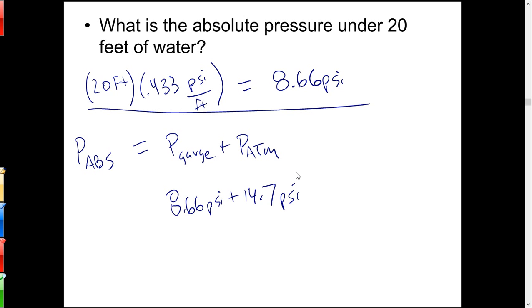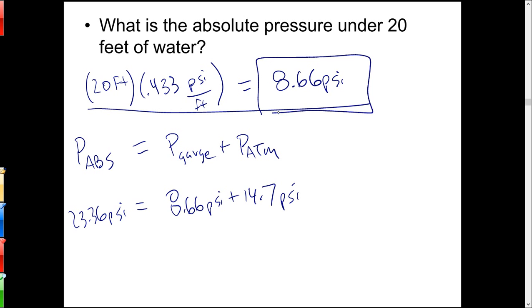And that'd be 23.36, I think. Okay, so the absolute pressure then would be the sum of those two. So it would be the 23.36 psi.